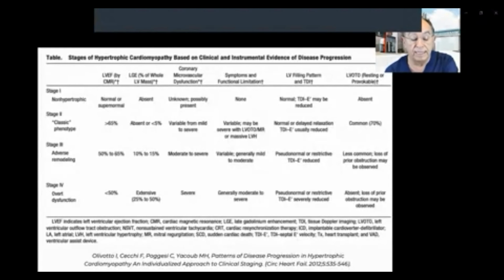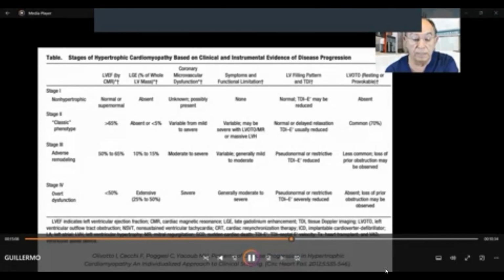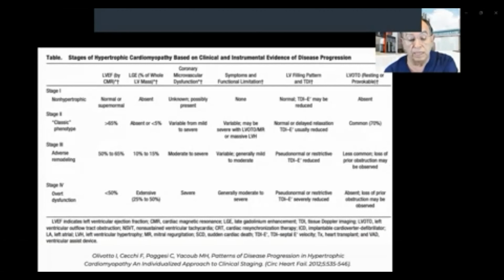And finally, stage 4 is named overt dysfunction, or in some papers burned-out patients. This patient develops an important reduction in the ejection fraction, usually less than 50%, has heart failure and usually has the possibility to develop dilatation of the left ventricle.